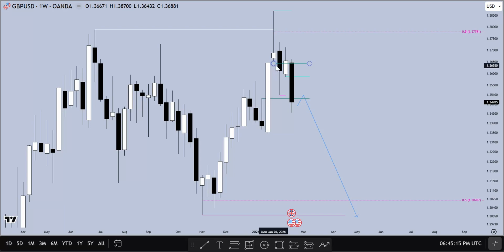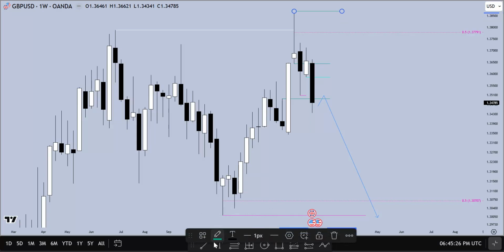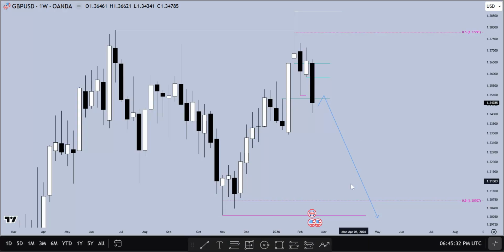If you lose this inversion fair value gap, potentially. So when we lose this inversion fair value gap, then we can trust the market can potentially draw high and engage that high. But until then, I favor low prices, and I aim to see this long-term low be my target.